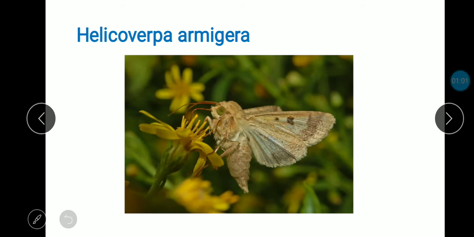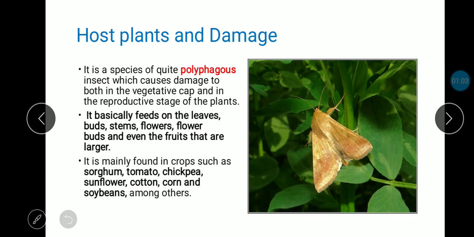This Helicoverpa armigera is a polyphagous insect. It causes damage to both the vegetative and reproductive stages of plants.